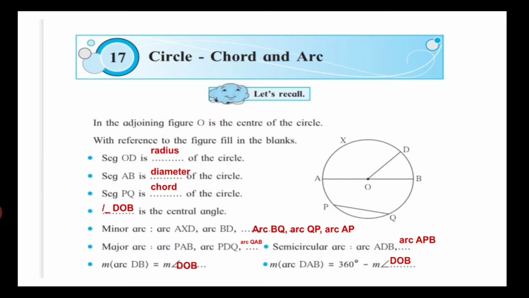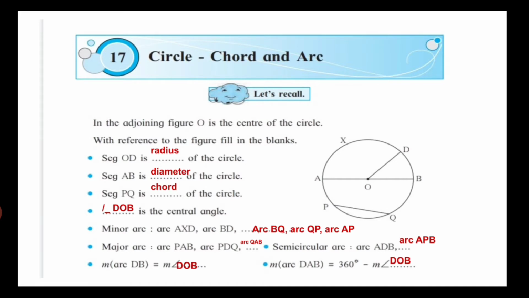Fifth, minor arcs: arc AXD, arc BD, arc BQ, arc QP, arc AP. Major arcs are arc PAB, arc PDQ. The third one I have written as arc QAB. You can write any major arc. Then semicircular arcs are arc ADB and arc APB.